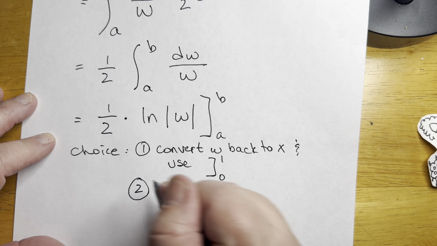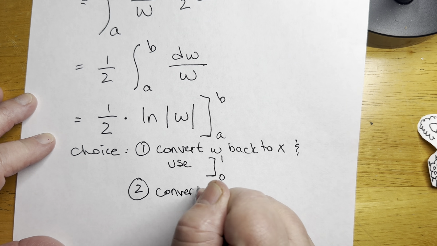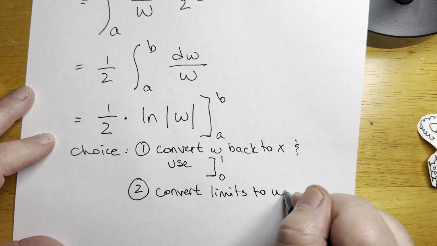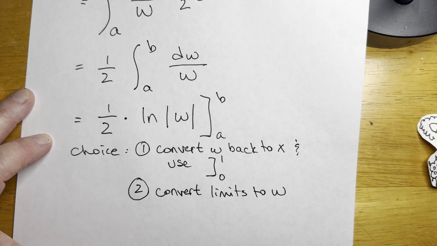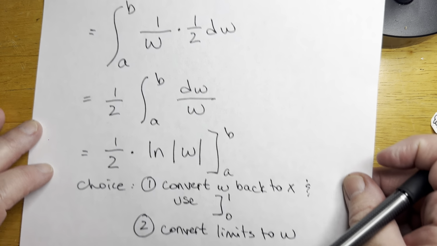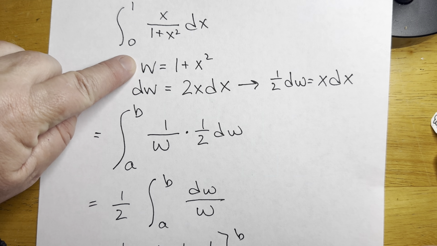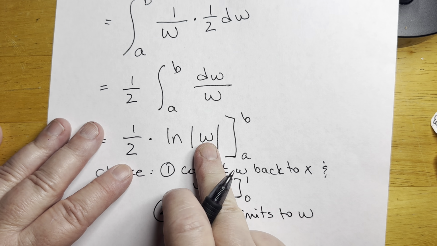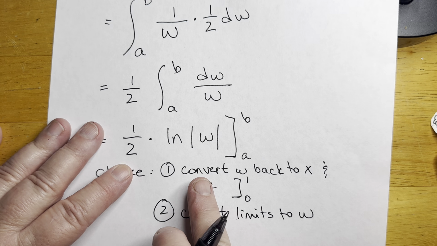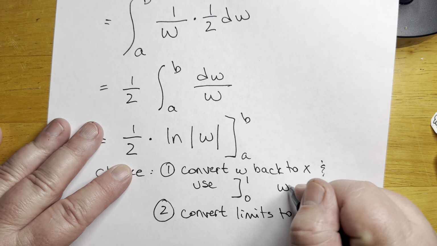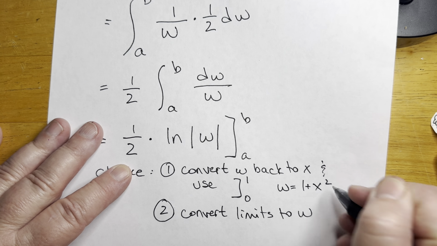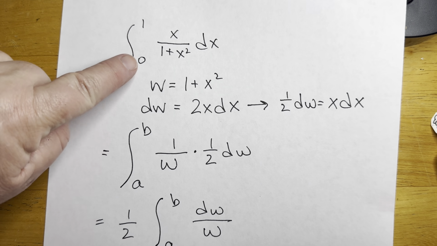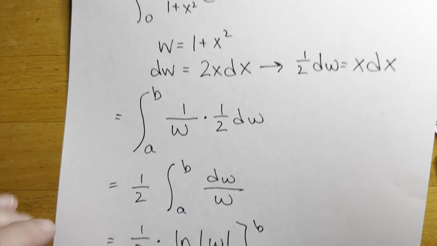Or 2, convert limits to w. You get to choose that. So if you want, up here, you can take w, and w equals 1 plus x squared, so you put 1 plus x squared in there. That's number 1. Or here, we had the limits from 0 to 1, and I switched them to a to b.